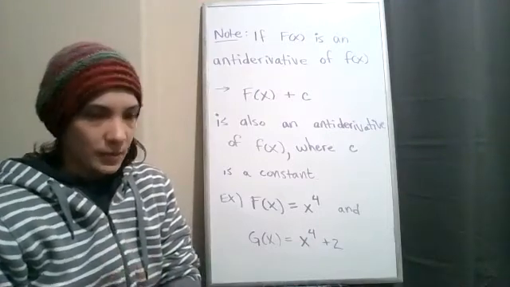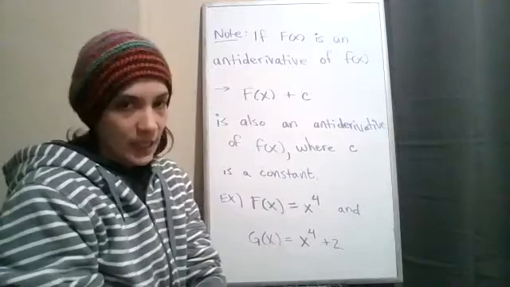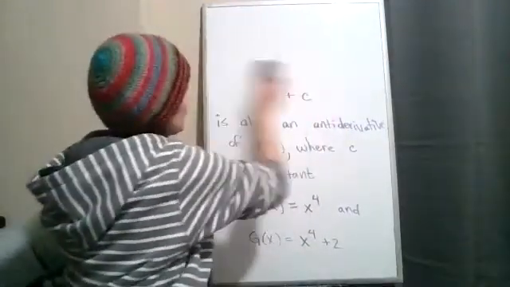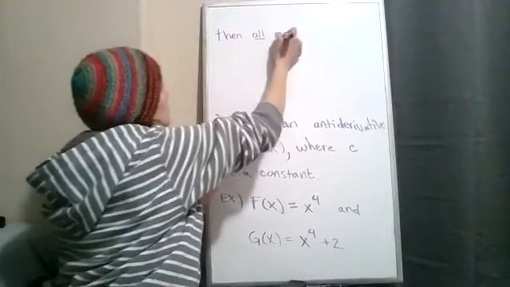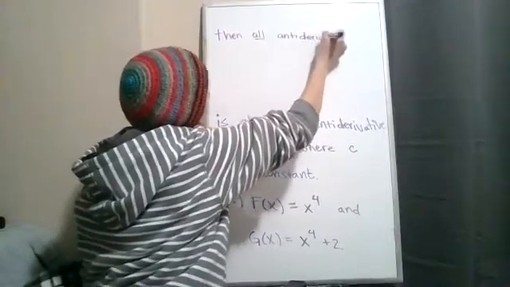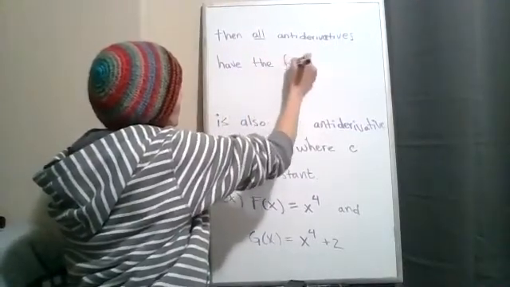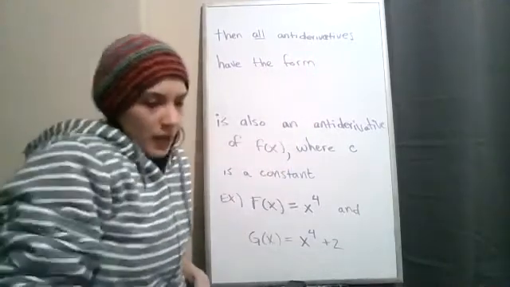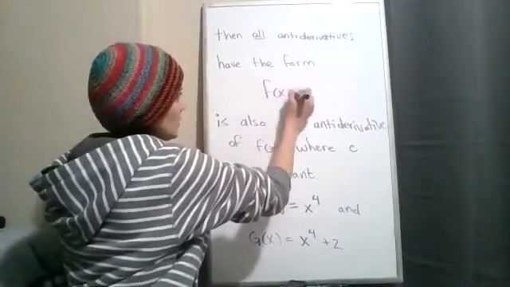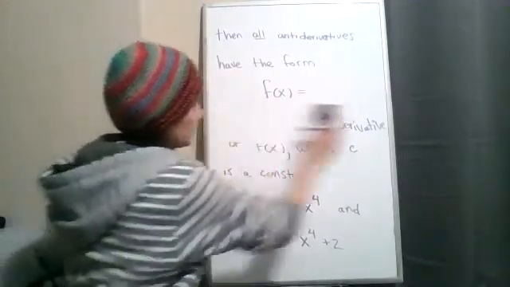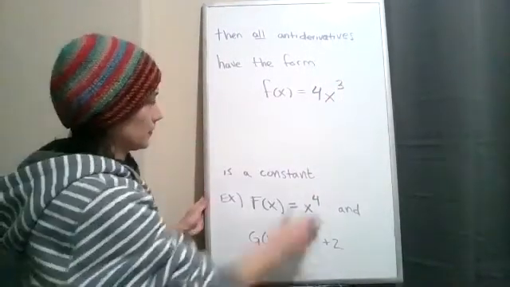Okay, so all antiderivatives will have the form, let's see, put f of x equal to 4x cubed for lowercase f.